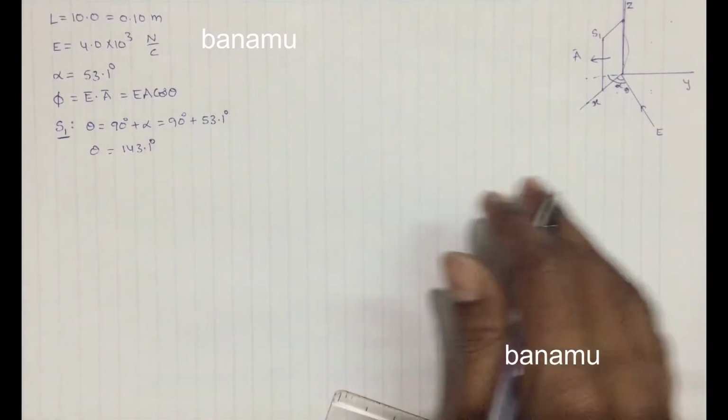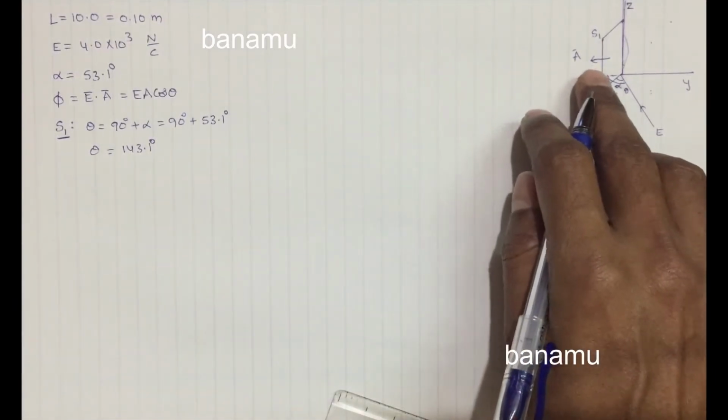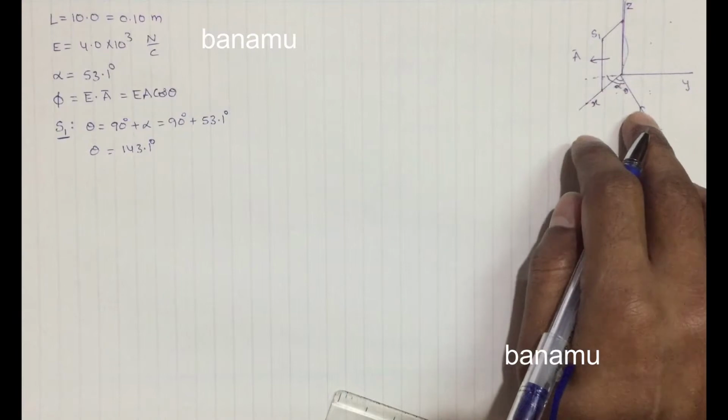This is the angle between the area unit normal vector and the electric field.